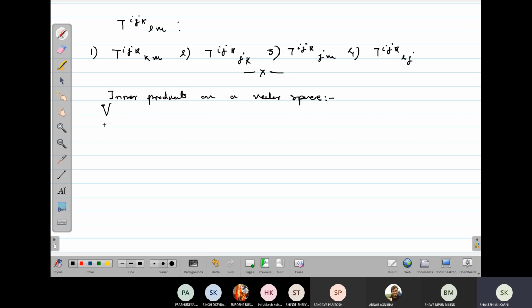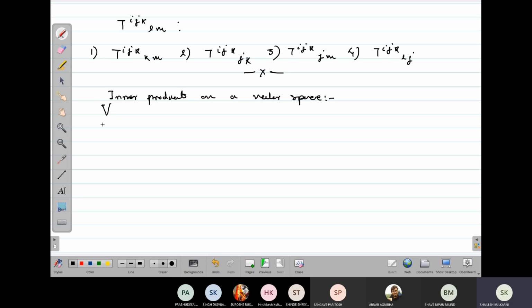So an inner product is a linear operation which takes two vectors from this vector space and gives me a number. Number means an element in the field over which I am defining this vector space.